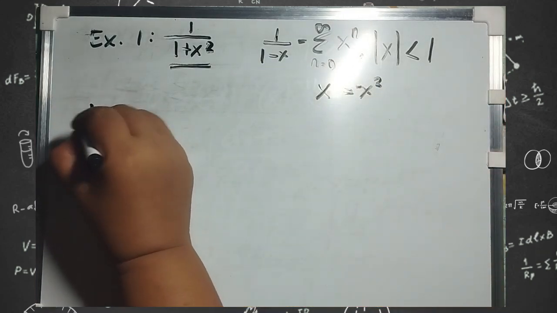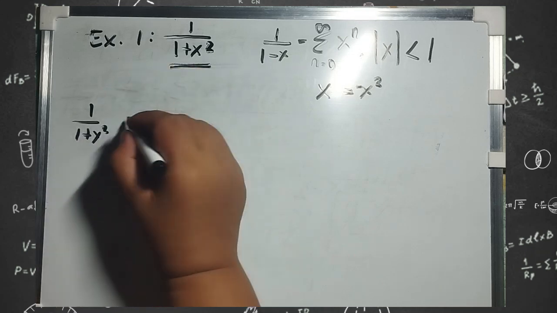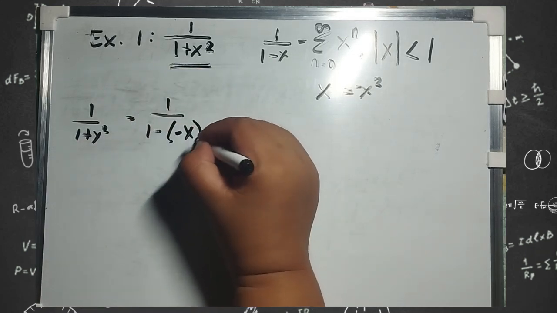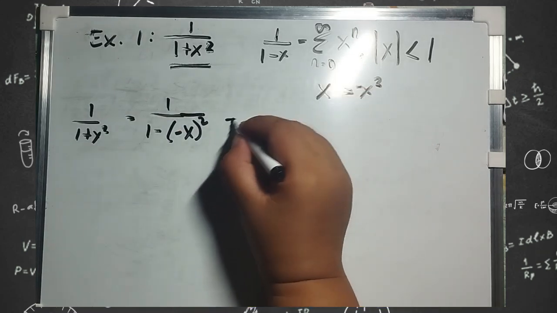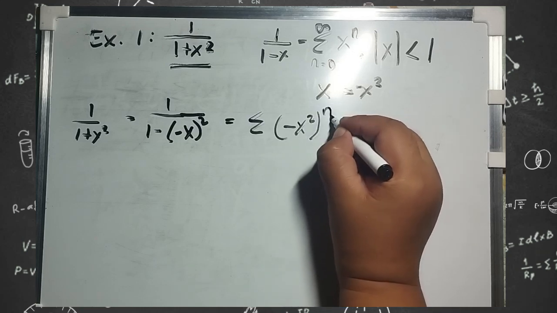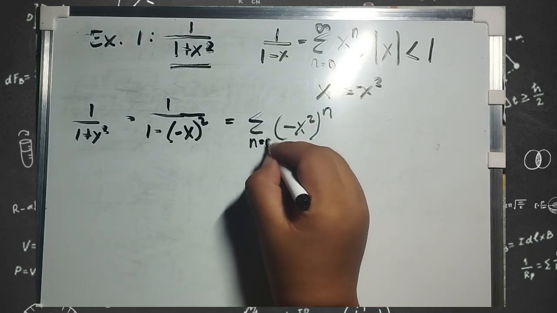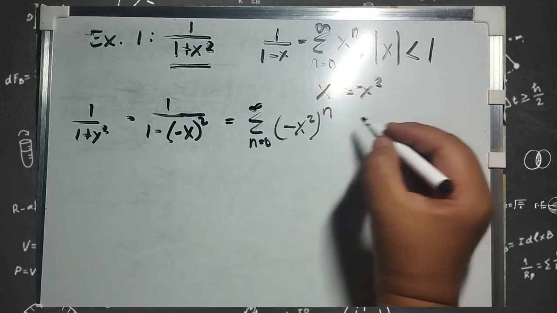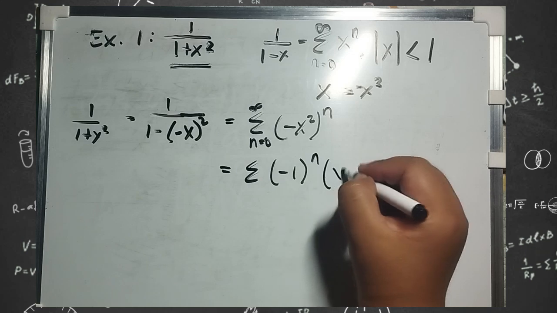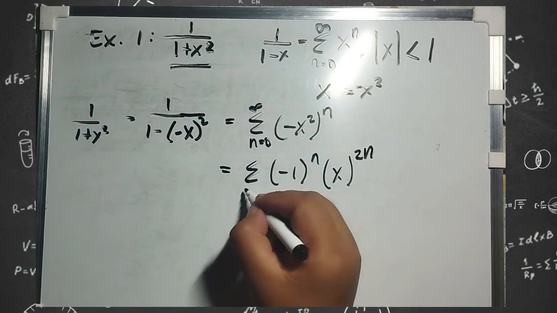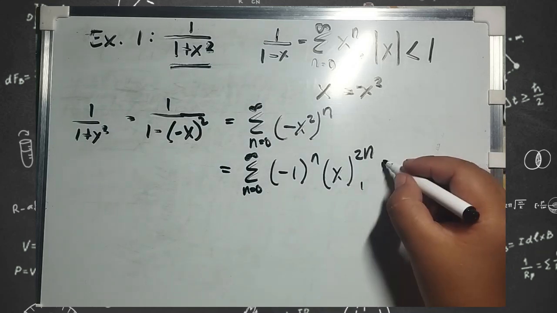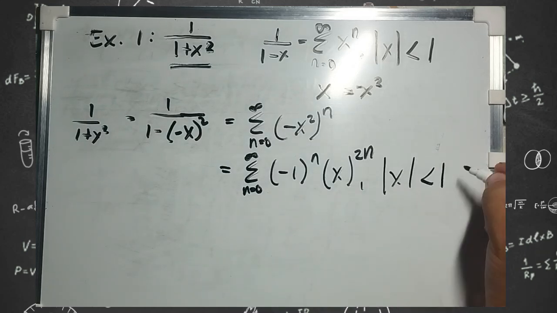Now, we can write 1/(1 + x^2) is equal to 1/(1 - (-x^2)), which is equal to the summation of (-x^2)^n, n from 0 to infinity, which is equal to the summation of (-1)^n x^(2n), n from 0 to infinity, where the absolute value of x is less than 1.